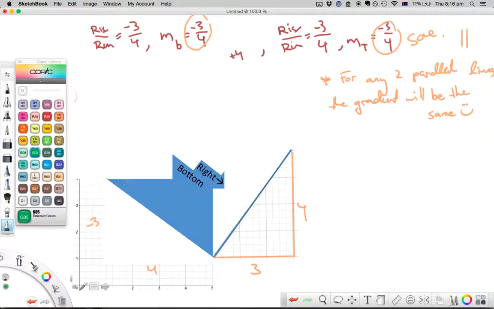So if we call the gradient of this line M1 in this case, and then we call the gradient of this one M2, then we could write here that M2 equals rise over run, which we can just leave as 4/3, and that for this one, M1, our rise is -3 because we're going down 3 steps, and our run is 4.